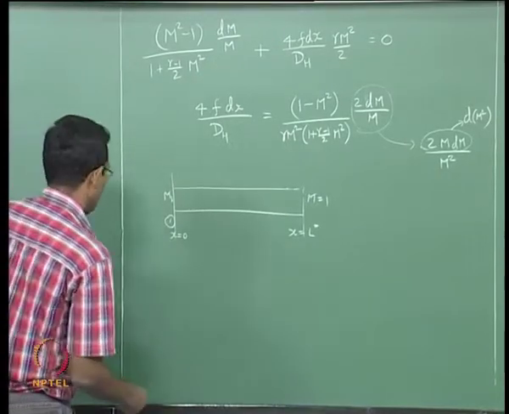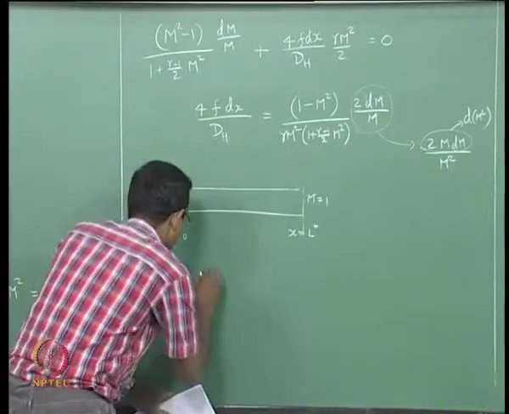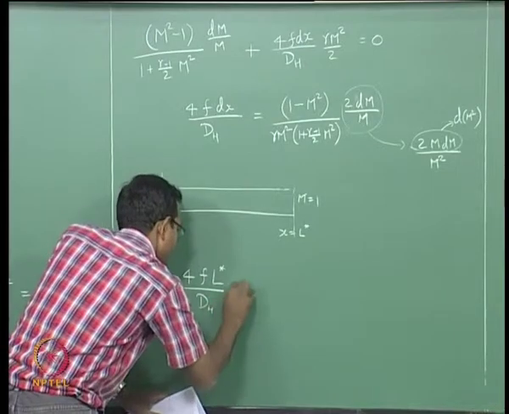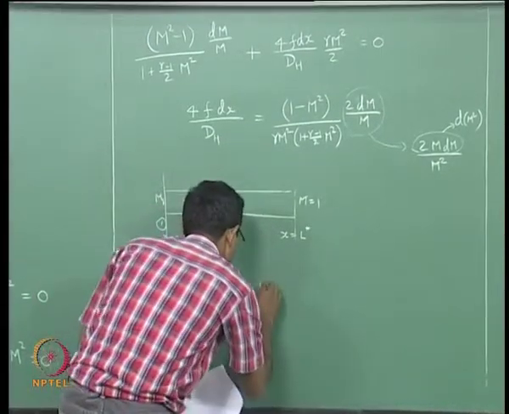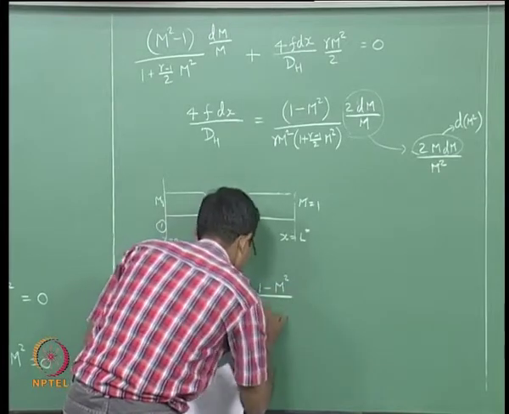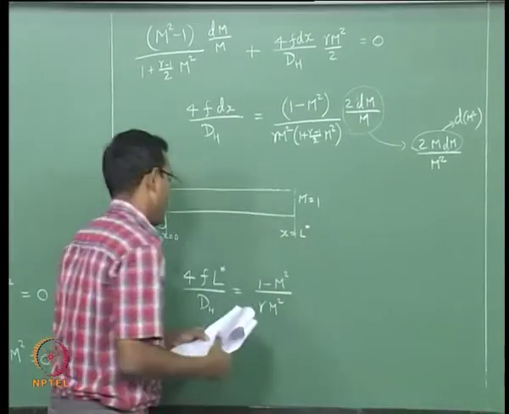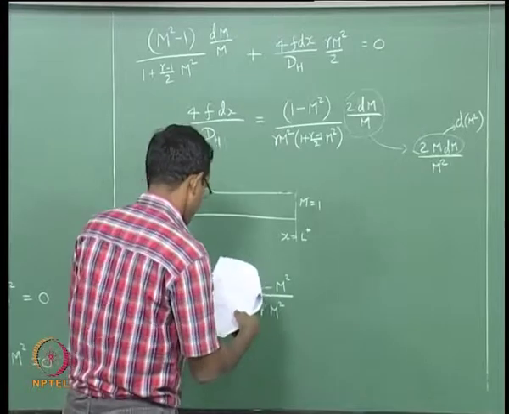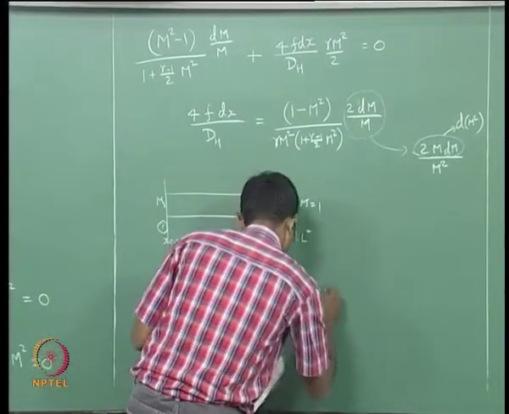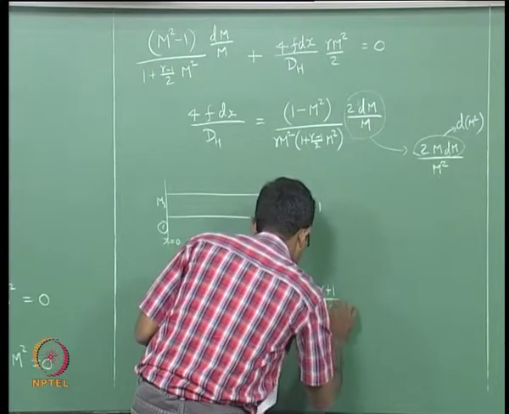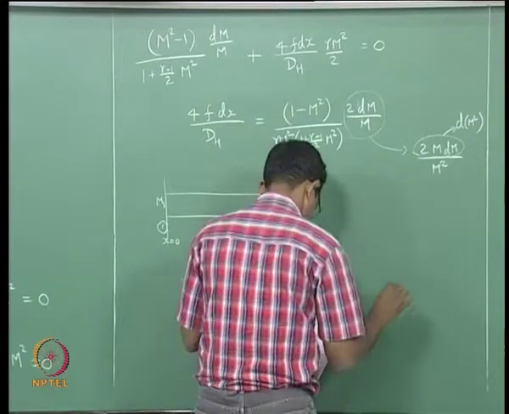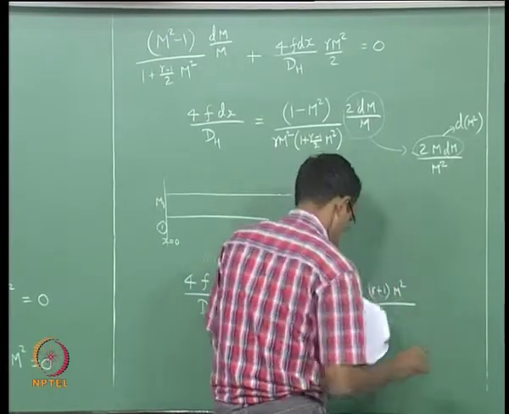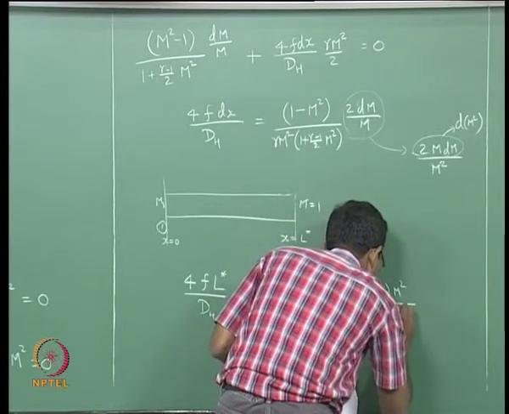So, finally, if I do all this and integrate this and get a final expression, it is going to look like 4f L star by Dh is equal to (1 minus M square) by (gamma M square), I could write it as M1 square everywhere, I will just replace it with M here, plus (gamma plus 1) by (2 gamma) natural log of (gamma plus 1) M square divided by 2 times (1 plus (gamma minus 1) by 2 M square).